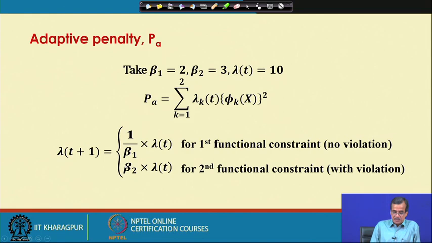According to this particular formula, lambda t plus 1 is nothing but 1 by beta 1 into lambda t for the first functional constraint, because here there is no violation of the constraint, and I will have to use for the second functional constraint this particular expression, that is beta 2 multiplied by lambda t, because here there is a violation of the functional constraint.